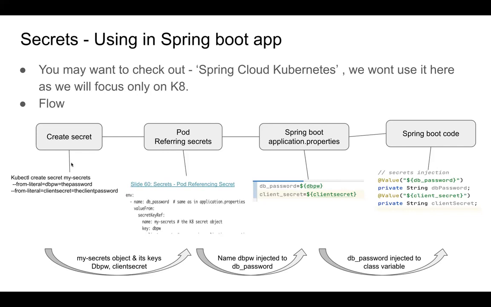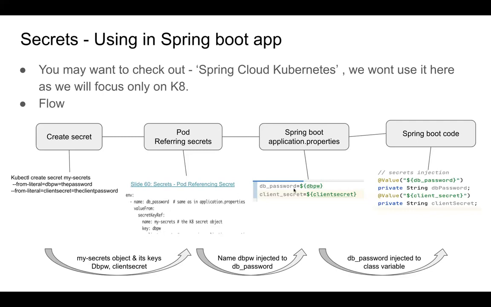Now what will happen is the pod gets this value from the secret object and populates it in its environment section, which will be created as environment variables in the pod. In application.properties, I have given db_password as $dbpw.